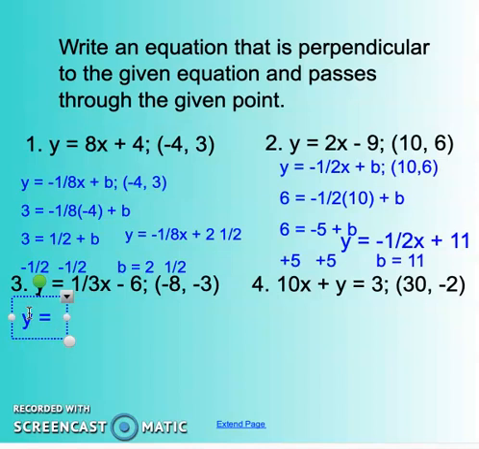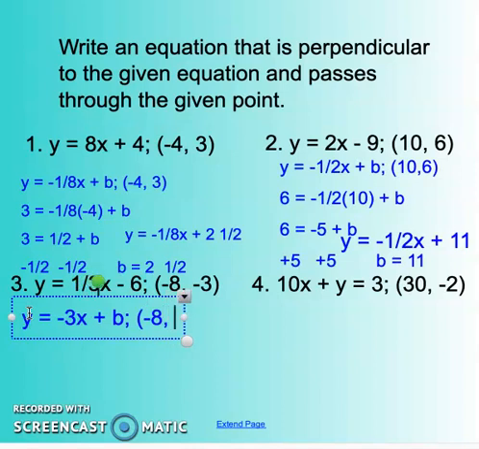So it's actually better to start off with a fraction when you're working with perpendicular lines. So if I start off with 1/3, the reciprocal of that is 3 wholes, and then I need a negative. So it'd be negative 3x plus something, which we're going to figure out in just a moment.